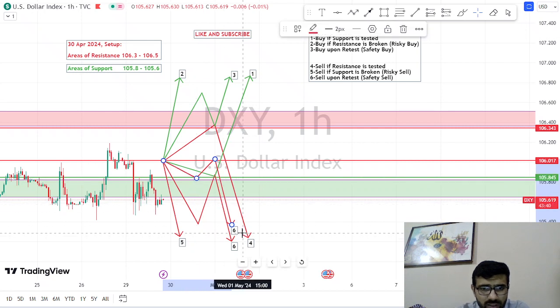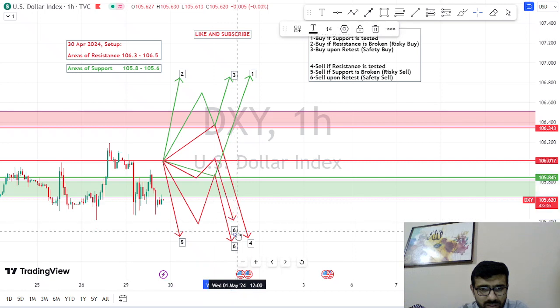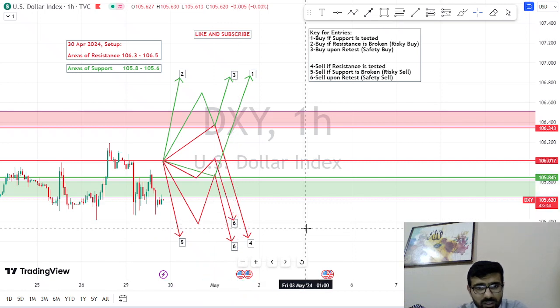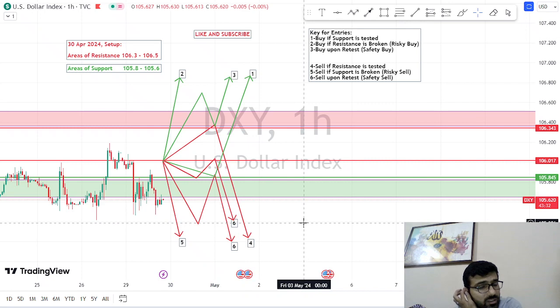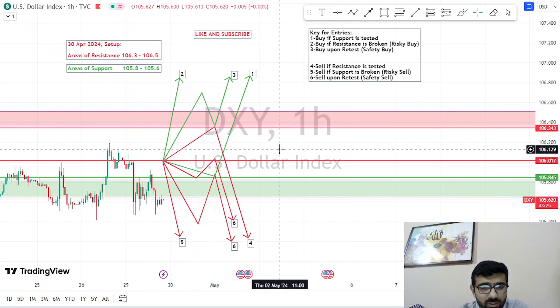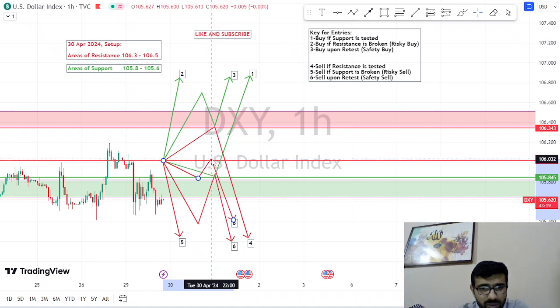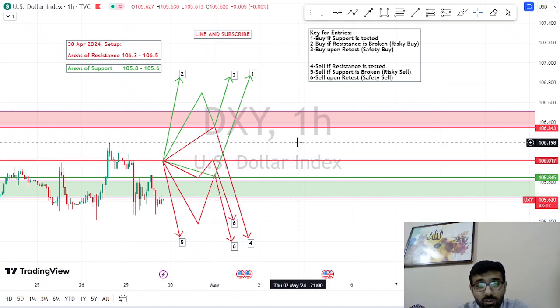Okay, this is another scenario for the sixth. I just added this for clarity so that you do not get confused anywhere, to take this entry and not miss this entry at all. So just be vigilant and I hope that you will make some good profits.